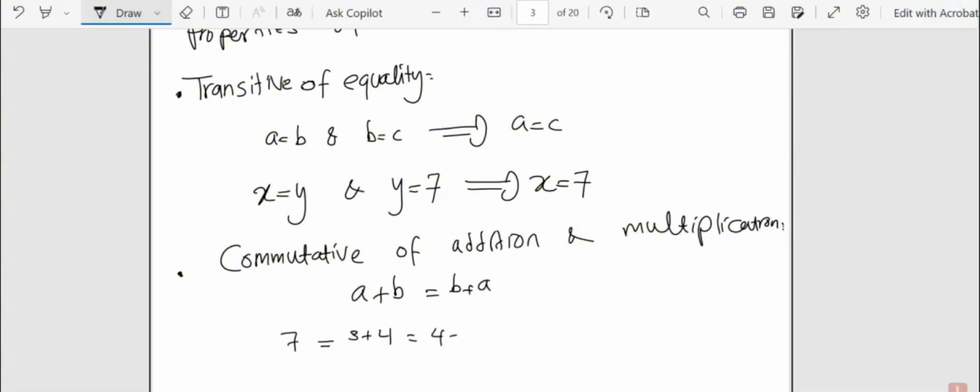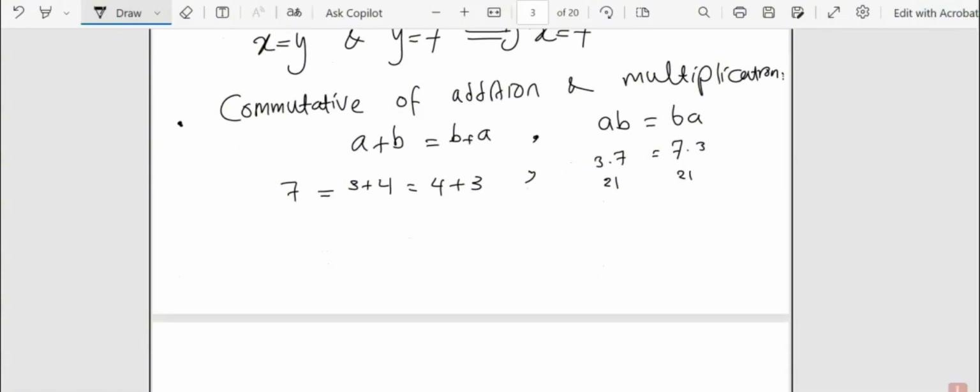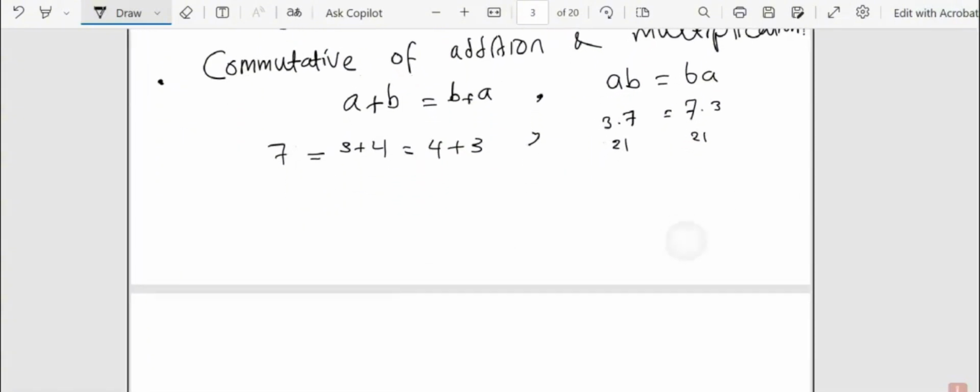The same as 4 plus 3, so it's commutative. Also, ab equals ba. So 3 times 7 is equal to 21. It's the same as 7 times 3, which is again 21. So just telling you that addition and multiplication are commutative in the set of real numbers.